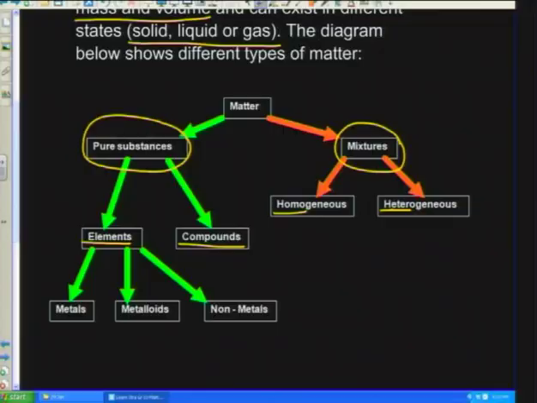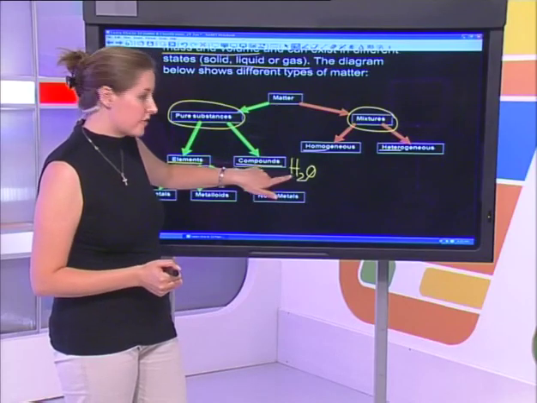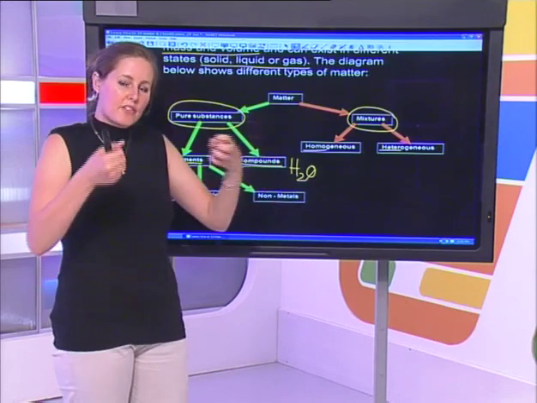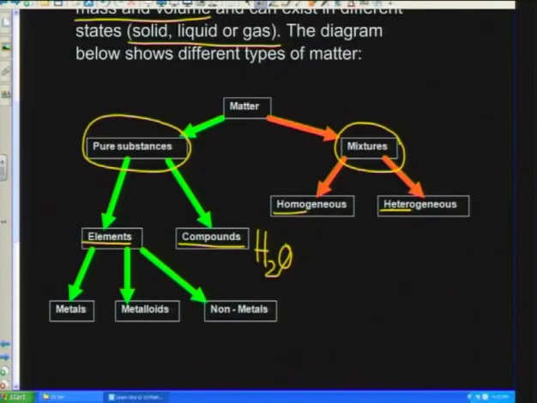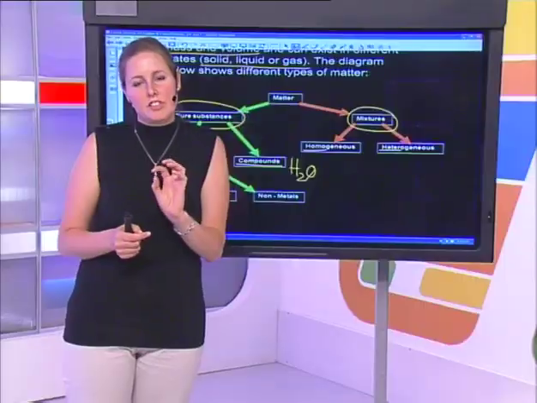So I'm thinking of a wonderful example, H2O, water. Water is a compound made up of hydrogen and oxygen that have chemically joined together, whereas elements would be the hydrogen separately, the oxygen separately, as individual elements.